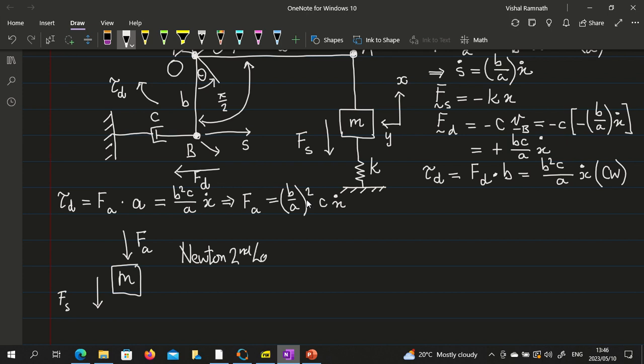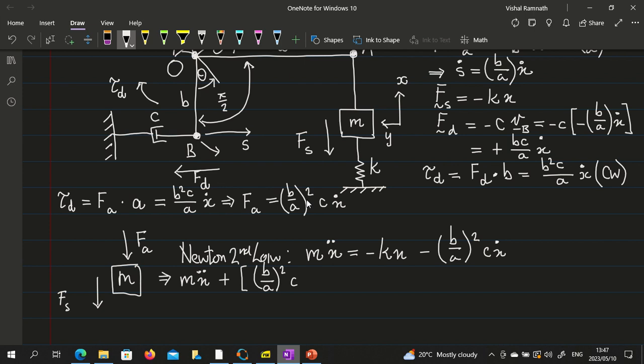Newton's second law would then give us m times the acceleration is equal to minus kx minus b over a squared c x dot, because it's in the downwards direction, and then just rearranging, that would be m x double dot plus b over a squared c x dot plus kx is equal to 0.